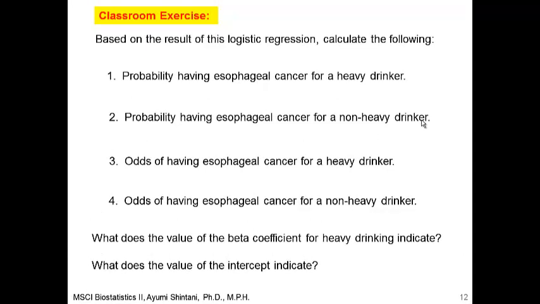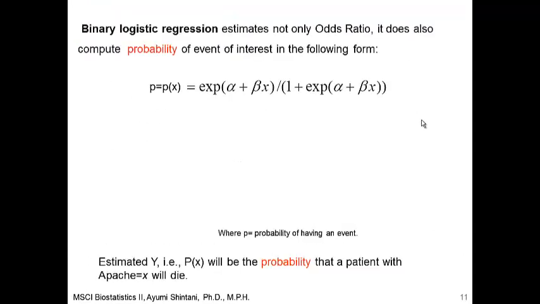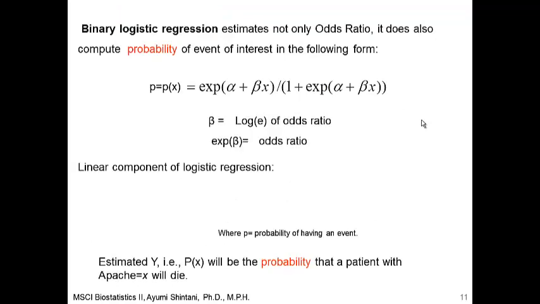Okay? So you use this formula. All right. Next exercise, I'm asking you to compute the odds of having cancer among heavy alcohol drinkers and also among non-drinkers. And how do you do that?